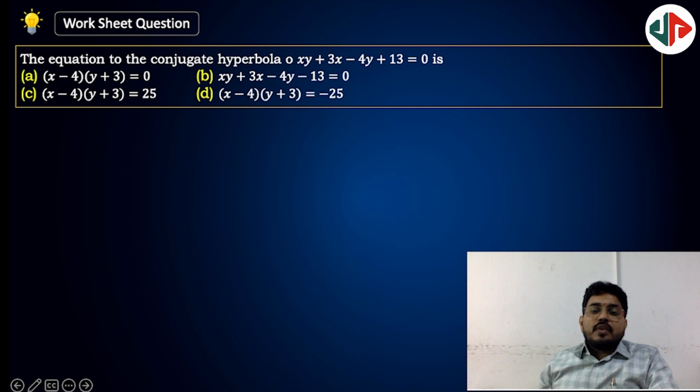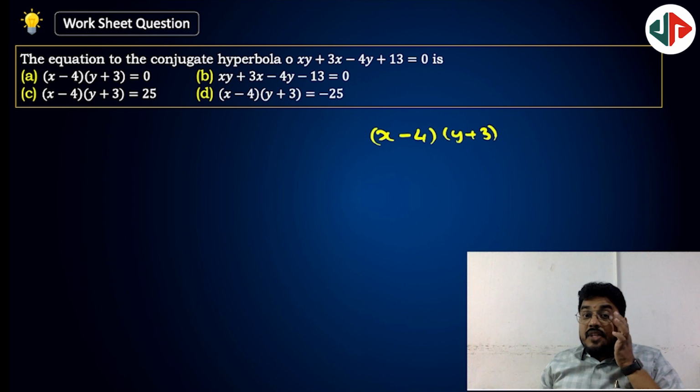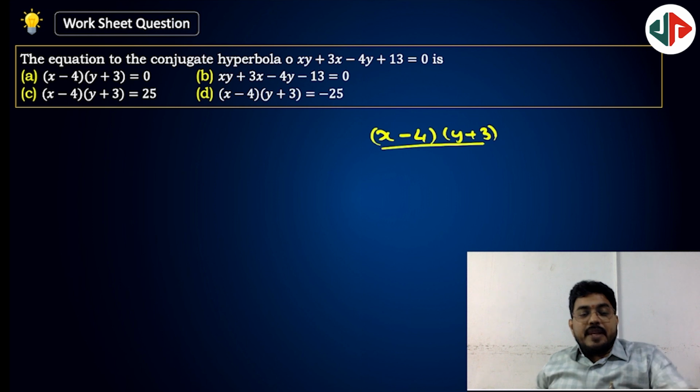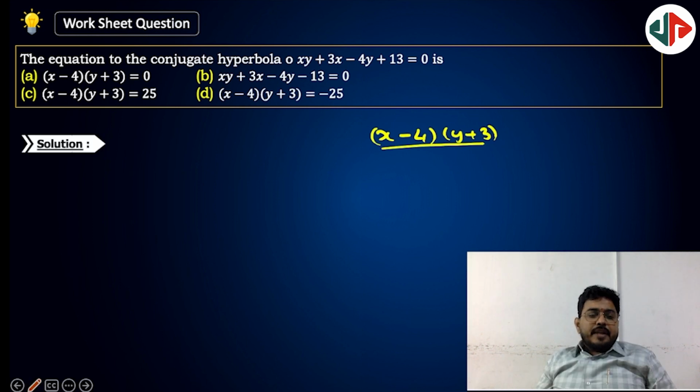I need the conjugate hyperbola. This is x minus 4 into y plus 3. When you solve this one, xy minus 4y plus 3x minus 12.